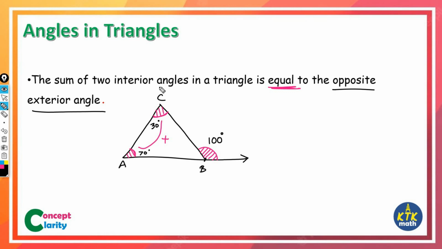The one we have seen already: sum of interior angles is always 180. The second one states that the sum of two interior angles of a triangle is always equal to the opposite exterior angle. The name of this property is the exterior angle property. So make a note of it.